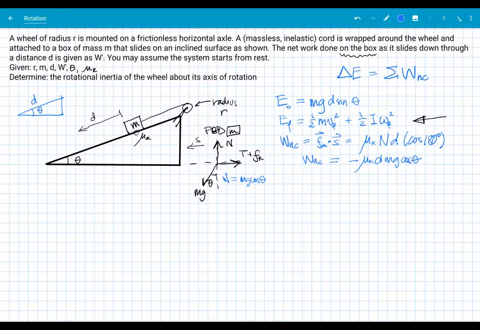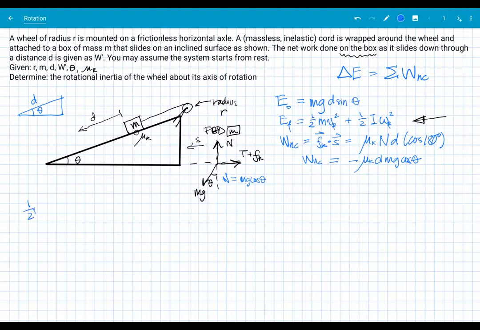All right. So then these three things here, I can put into an equation, right? Energy final minus energy initial is equal to the work done by my non-conservative forces. So if I were to write that all out, I'm going to start on the left-hand side of the page to give myself a little bit more space for that.